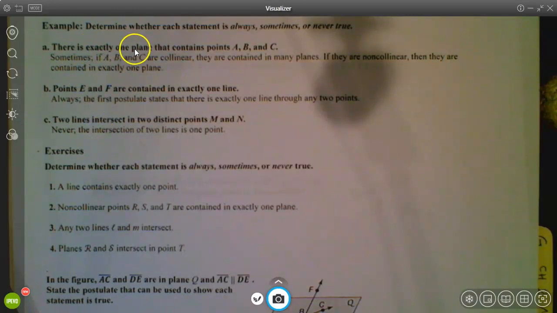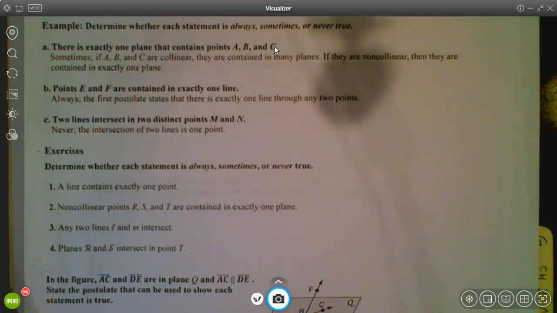So if there's exactly one plane that contains points A, B, and C, is that a statement that you would say is always true, sometimes true, or never true? Well, remember what we set up above: a plane contains three non-collinear points. So if A, B, and C are in a line, if they are collinear, then we can have more than one plane.